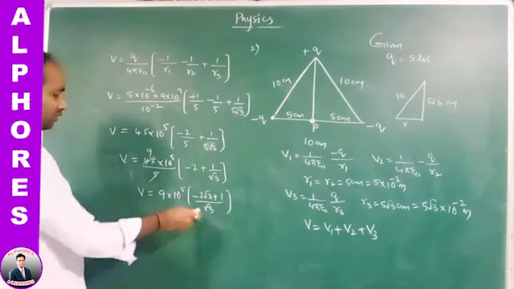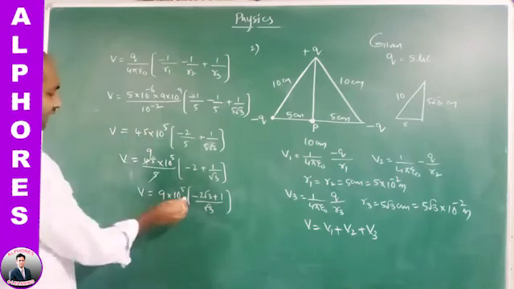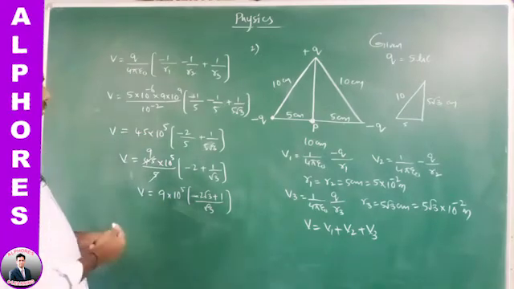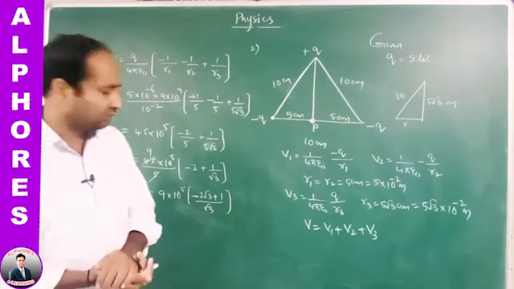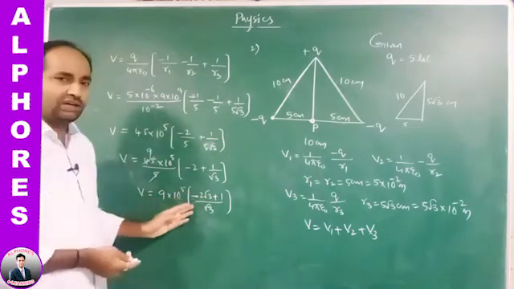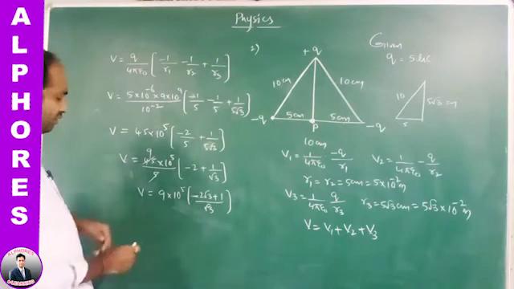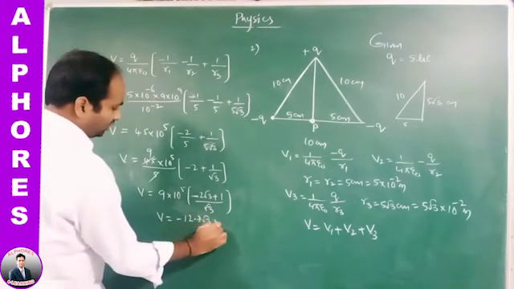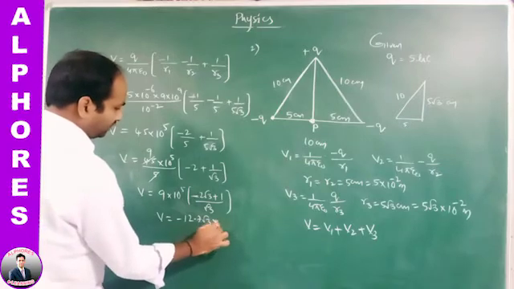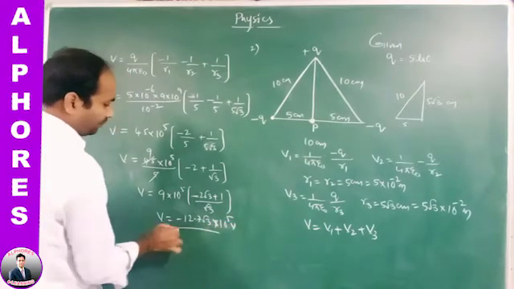On simplifying, the potential may be negative or it may be positive also. Here you will get minus 12.7 root 3. V is equal to minus 12.7 root 3 into 10 to the power of 5 volts.